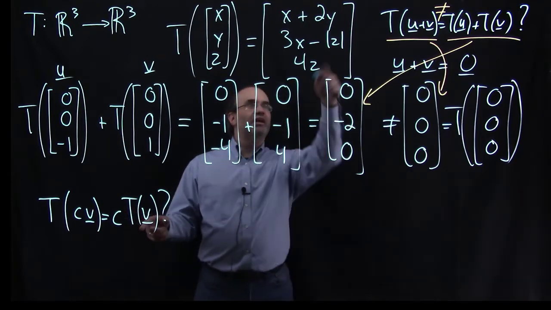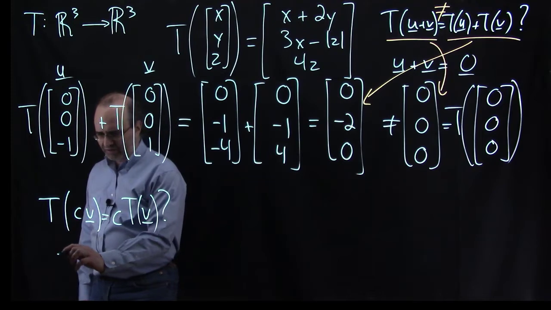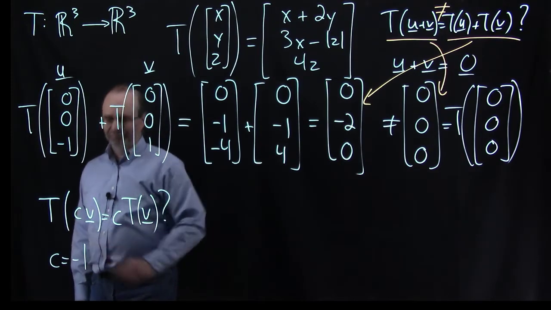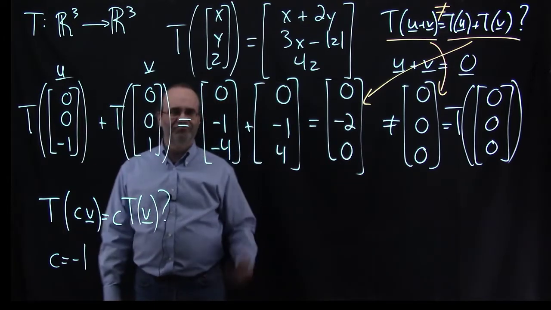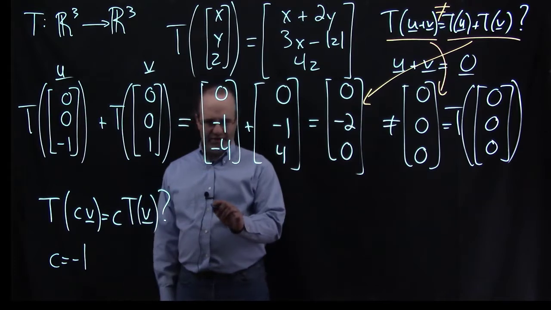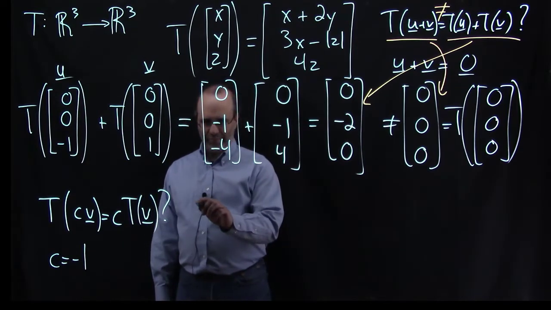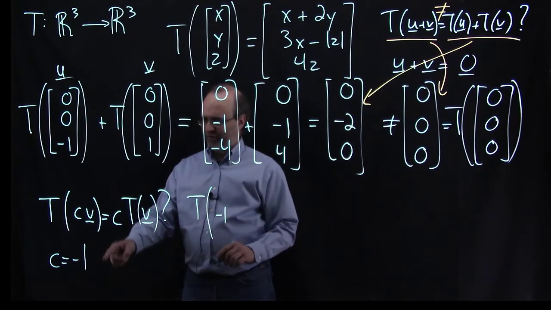Because of the absolute value, I'm suggesting maybe we should give c some negative value. So what about giving c the value -1? And for v, I'll keep the same v and see what happens. So we calculate T of c times v, which is -1 times v.